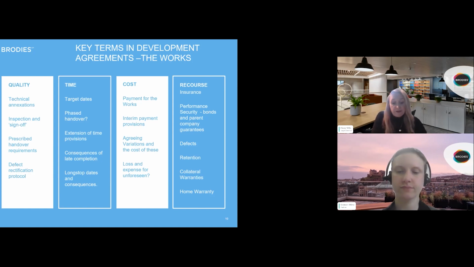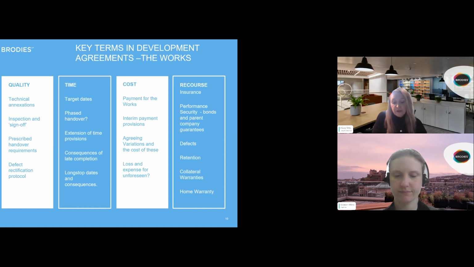There may be an initial inspection and sign-off process if there is a golden brick arrangement, to ensure that those golden brick requirements have been met before the site is sold to the RSL. It would be prudent to include a detailed prescribed list of handover requirements, which can act as a checklist for both parties and a precondition to the developer achieving and meeting a handover deadline.